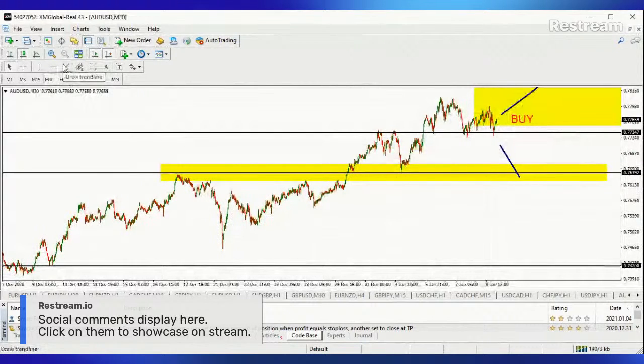Okay, so normally with AUD, because now it works with the vaccine, it'll likely push up. As I say, it may also do a little bit of this and then go up.